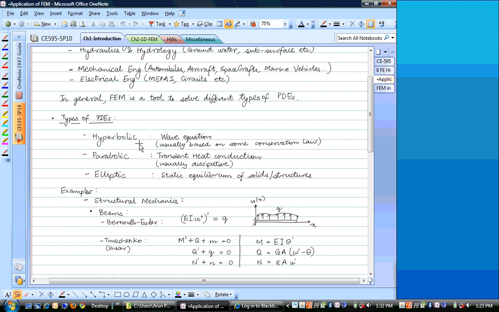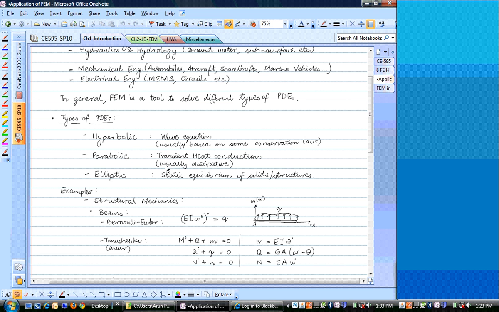An example of a hyperbolic PDE is the wave equation. For example, if you have some structure, let's say a bar fixed at the left end, and you hit it on the right end, there will be a wave that will pass through the bar and bounce back and forth. The behavior of that is governed through the wave equation. And generally, hyperbolic PDEs are based on some kind of a conservation law.